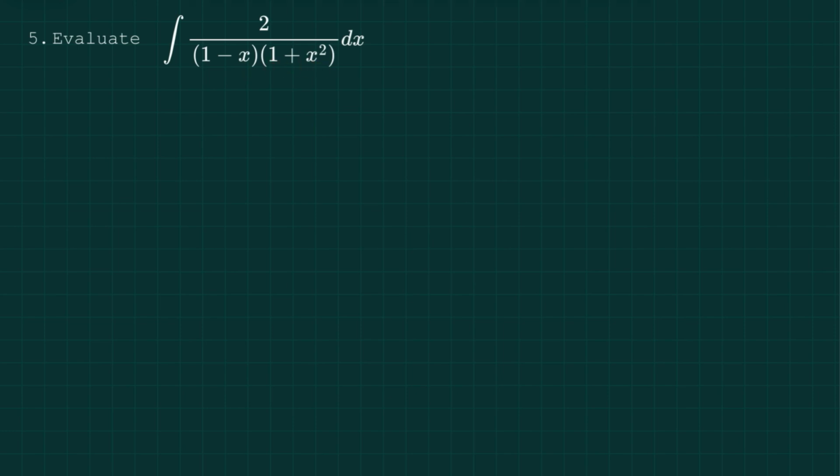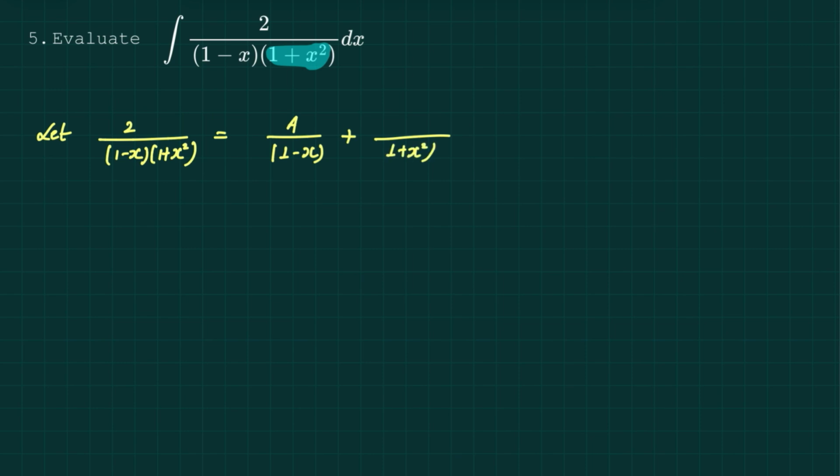Here if you notice, then the second expression is a quadratic. So in this type of case, we will assume the given function as, for the first expression, we will consider a by 1 minus x, plus for the second expression, that is 1 plus x square, which is quadratic, we assume a linear on top of it.